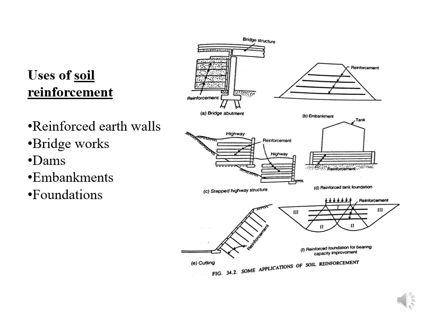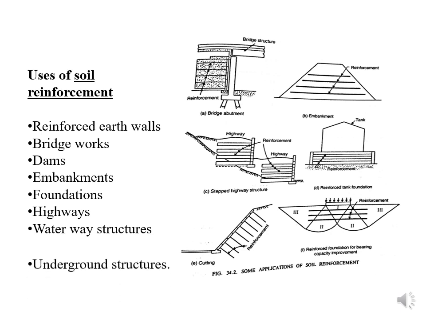Below the shallow foundation the reinforcement has been used. In the tank foundation also reinforcement has been used. In the embankment also it has been used. In the roads also it has been used, right? It has also been used in cuttings to control slope failure. Highways, waterways structures. So these are some uses of the soil reinforcement, right?